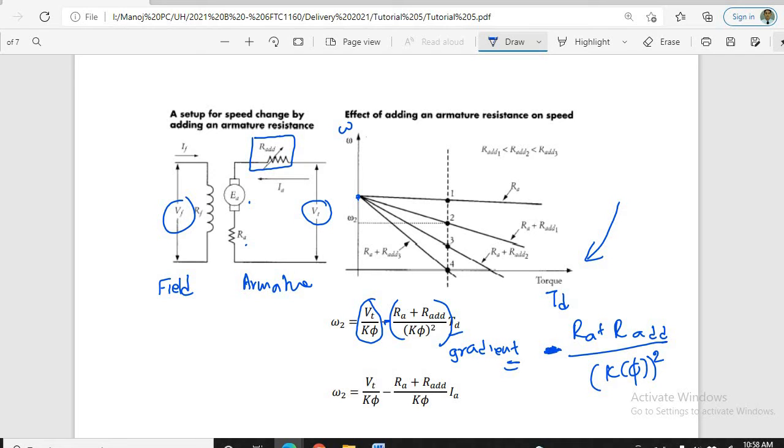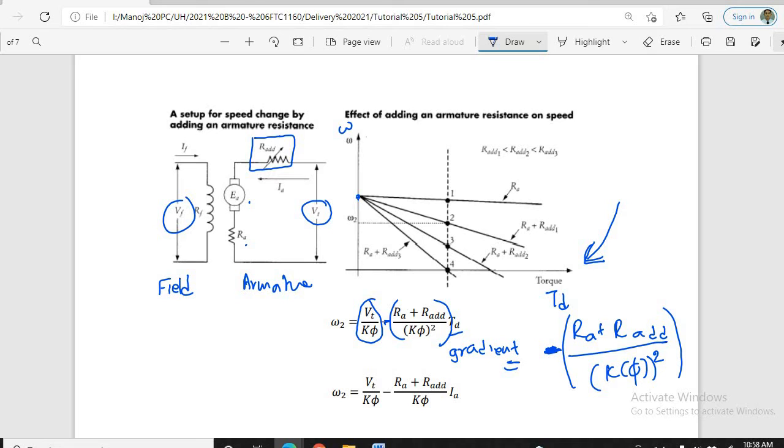Here this is negative, right? So when we increase this R add, this will increase. It means when we increase R add, we will move in this way, right?